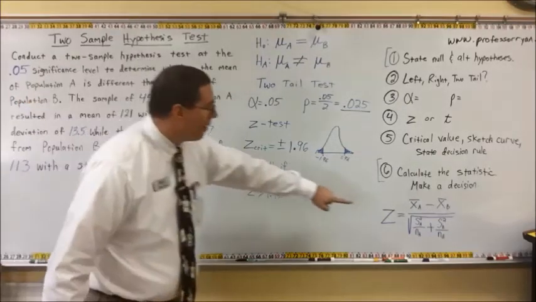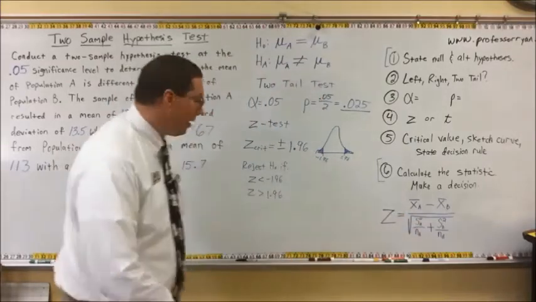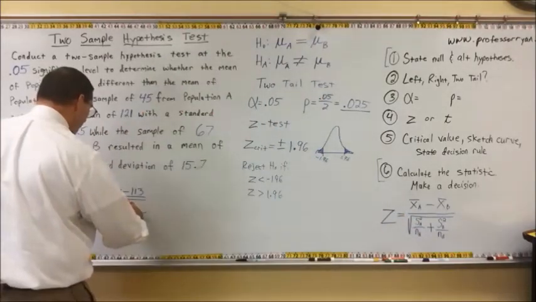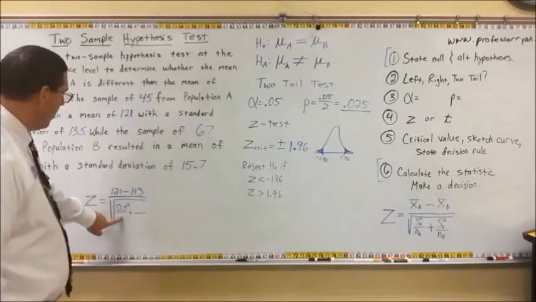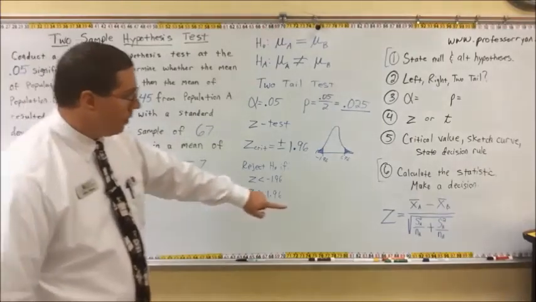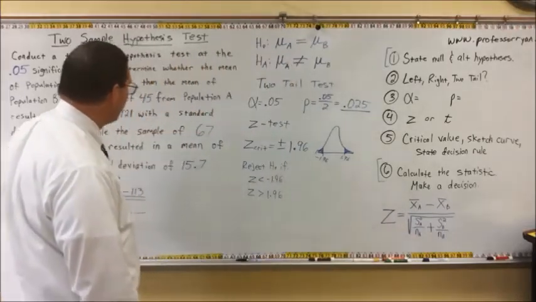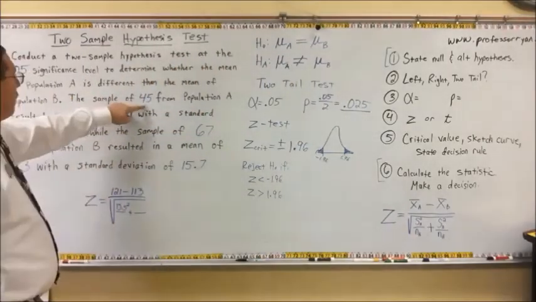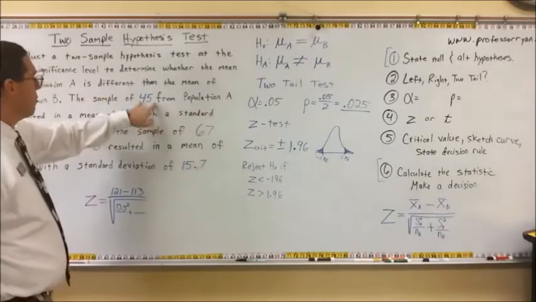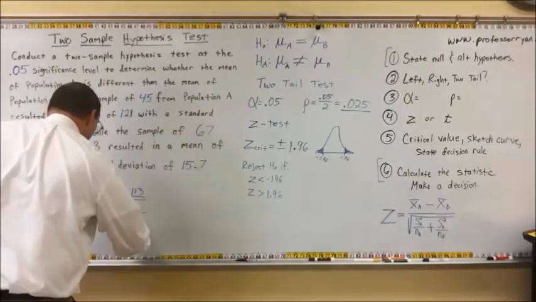And we have to square it, because this is S squared. So we have to put a square on this. And then in the denominator, the formula says we need the sample size, n, from the sample from population A. And that is the sample of 45 from population A. So this is our n, 45. Put that down here.